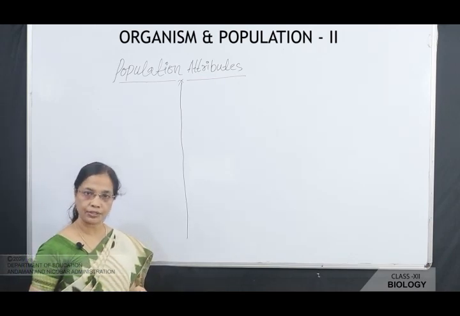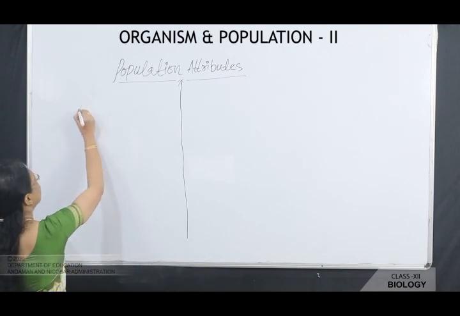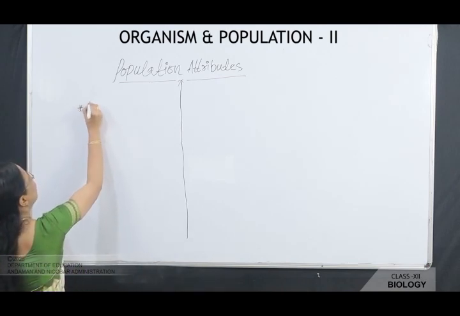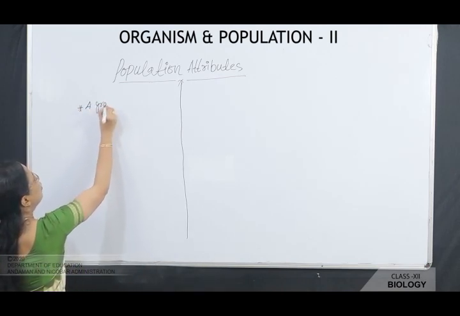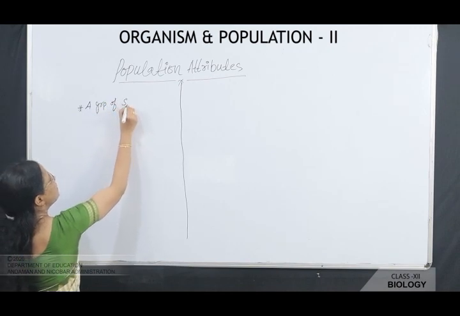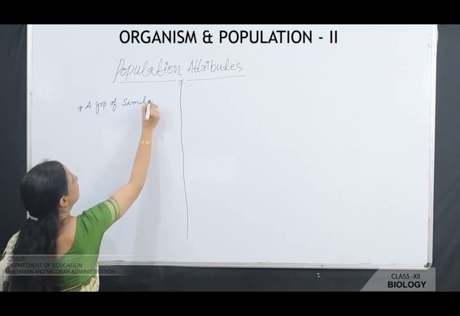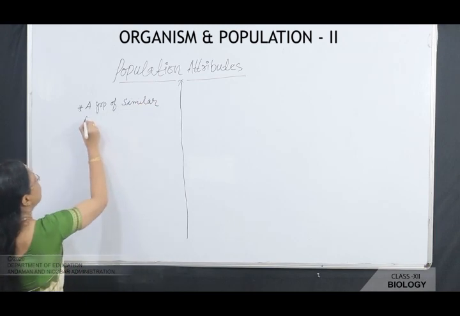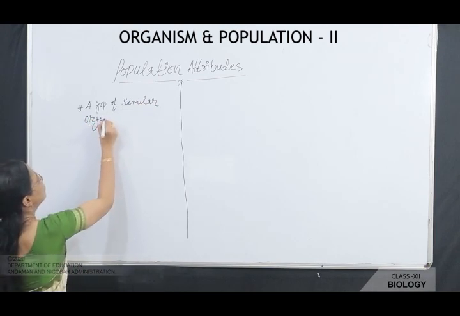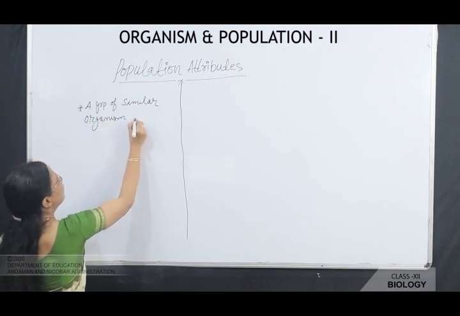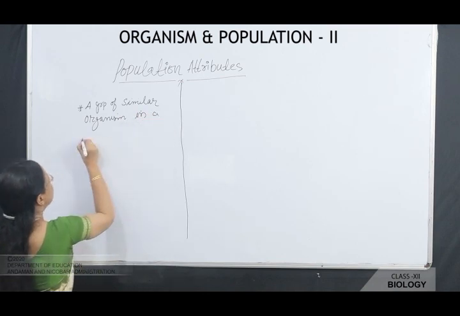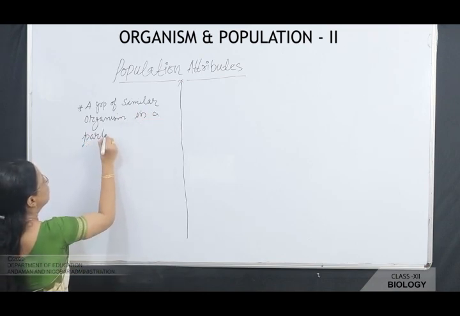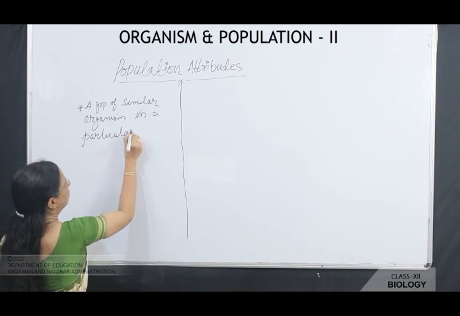So what is population? Population is a group of similar organisms in a particular area.